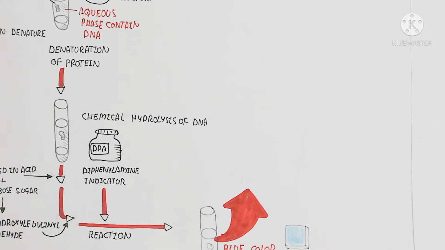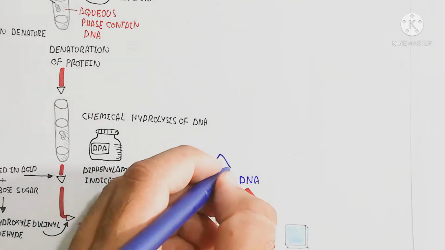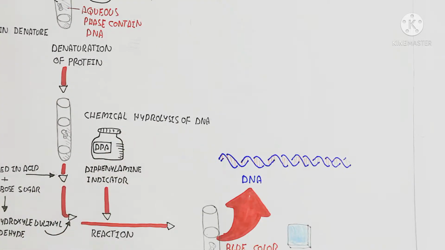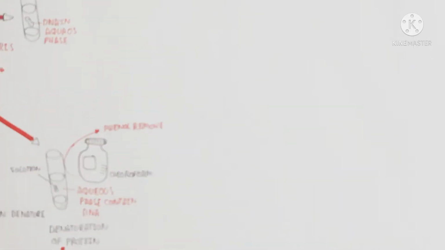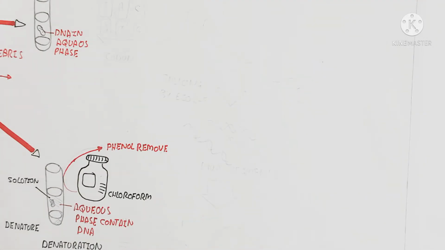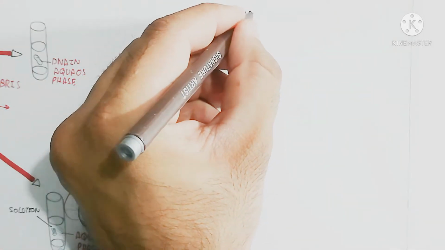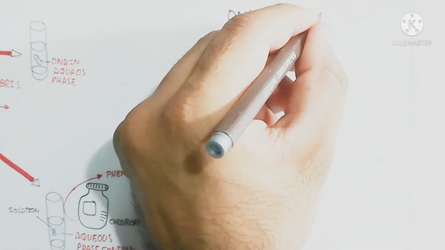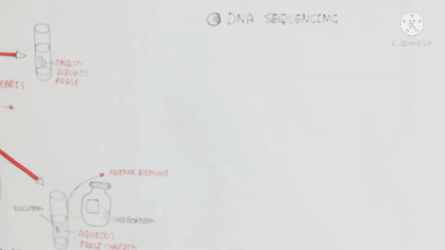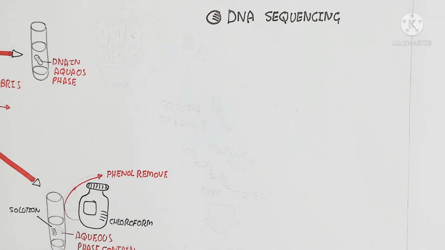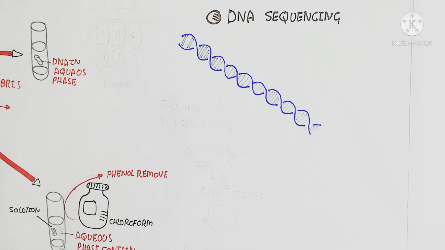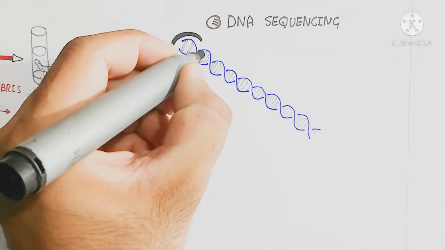Next we will discuss DNA sequencing. After the extraction of the DNA, we can use the DNA as a sample and splice it with E. coli restriction enzyme to give DNA segmentation.